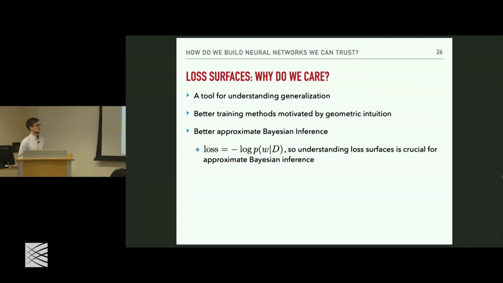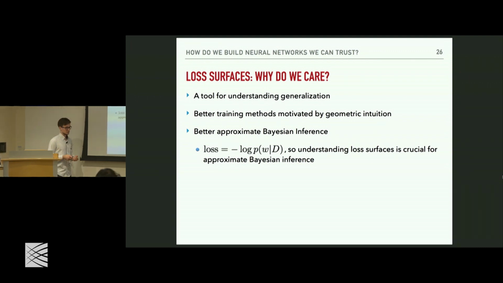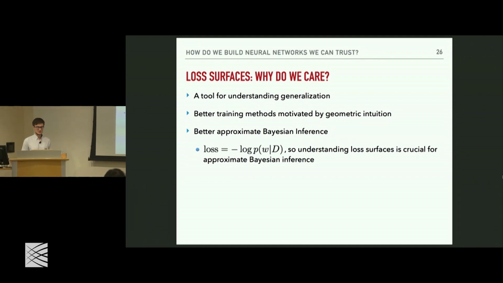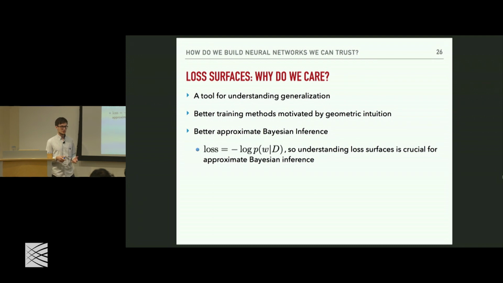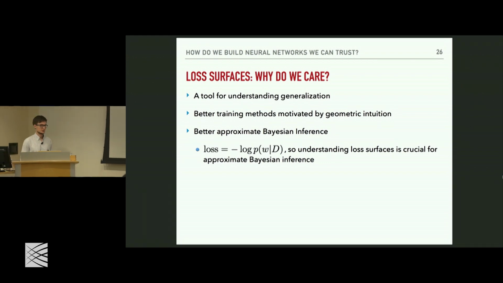But except for that, we can just think about analyzing loss surfaces as a way of understanding something about our solutions. So, for example, certain geometric properties of the solutions in the weight space can be related to the generalization properties of the neural network. So there is this concept of flatness, which we will discuss later.